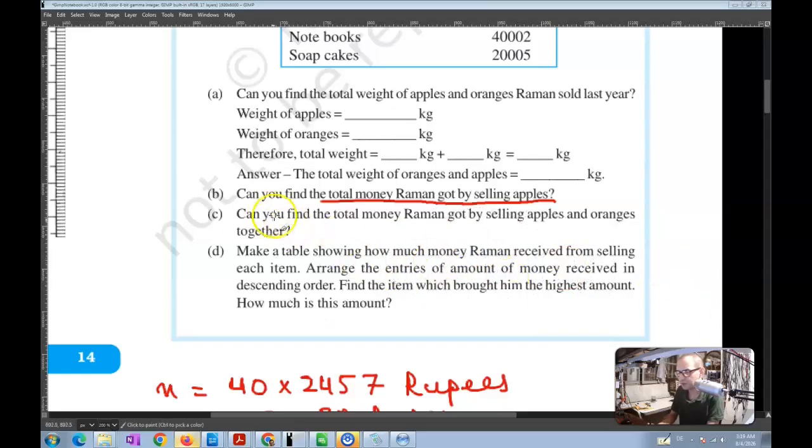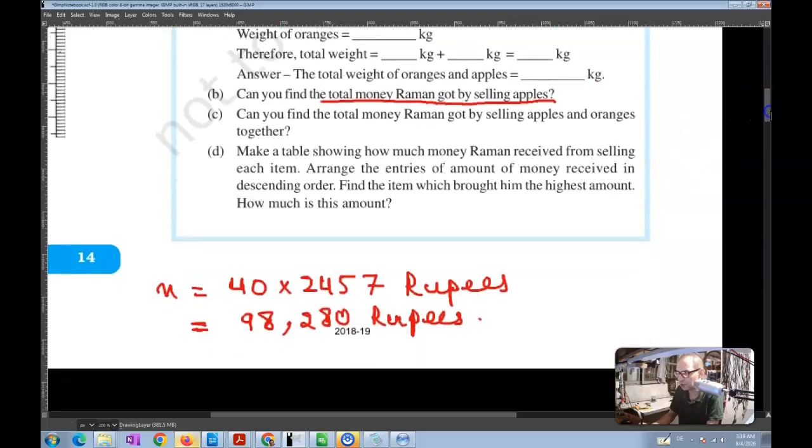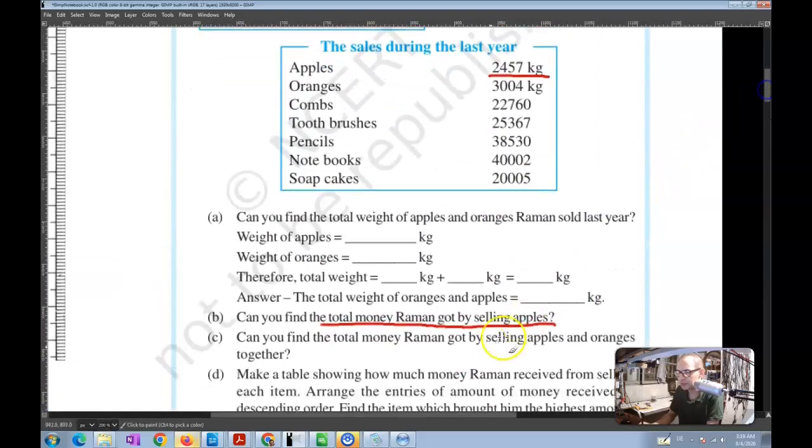Now again over here, can you find the total money Rahman got by selling apples and oranges together? This is again simple. You will do the exact same thing that we did here. You will calculate the amount of money that he got by selling apples and oranges.